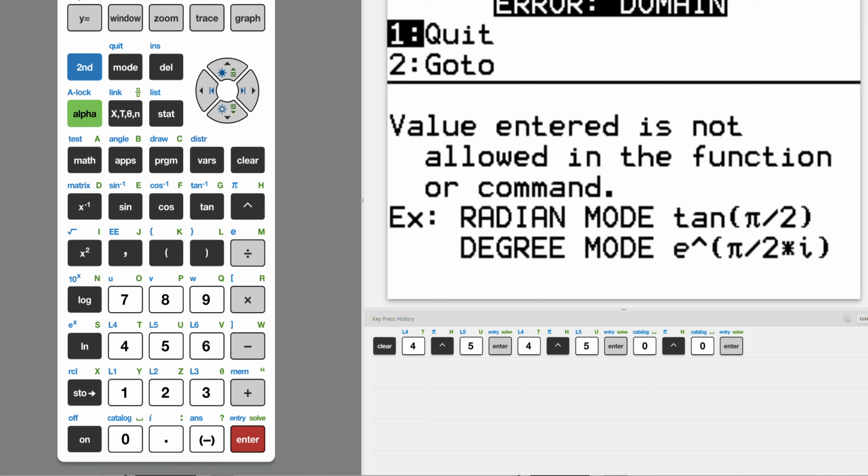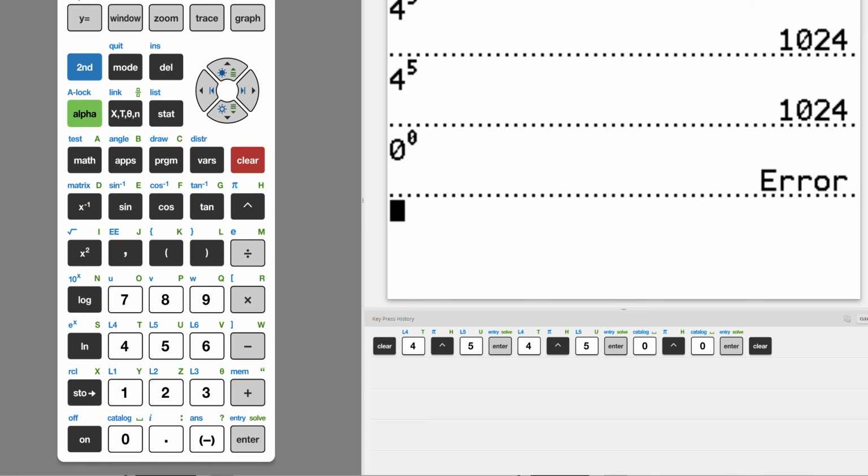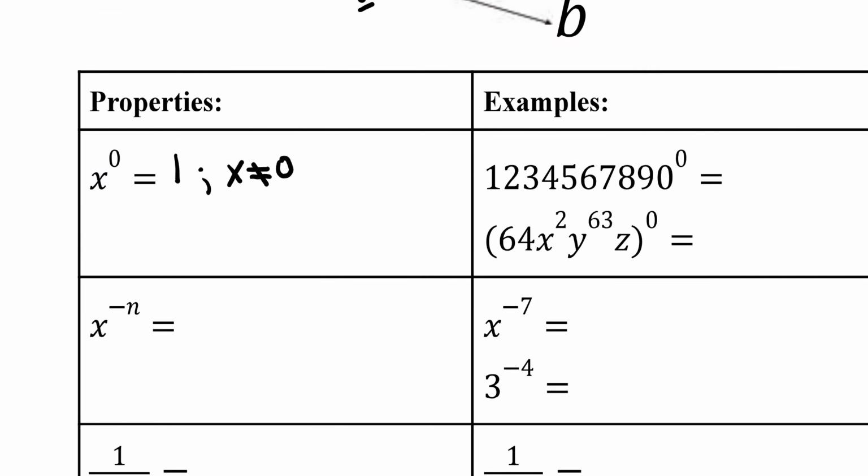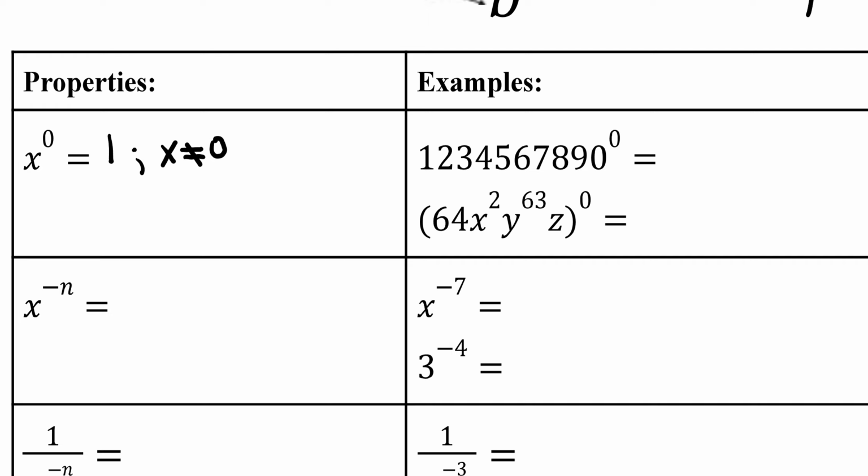And so that's not something that you can do. But it's pretty straightforward. If you think, okay, I've got this big long number and I raise it to the 0 power, doesn't matter how big it is, it's 1. Over here, I've got all of this inside the parentheses, and it's kind of scary looking, but it's raised to the 0 power, which means it is equal to 1.